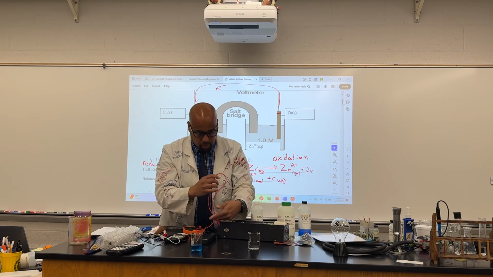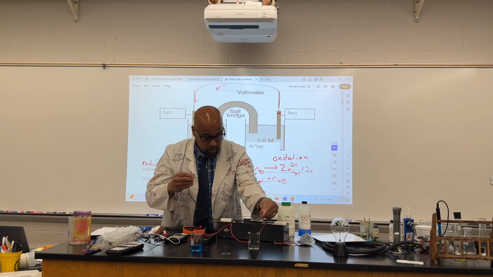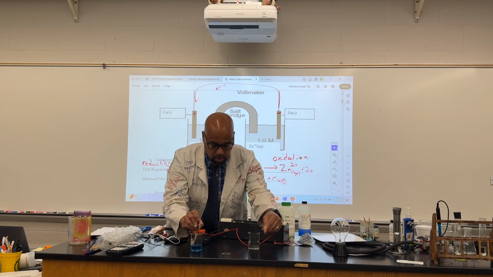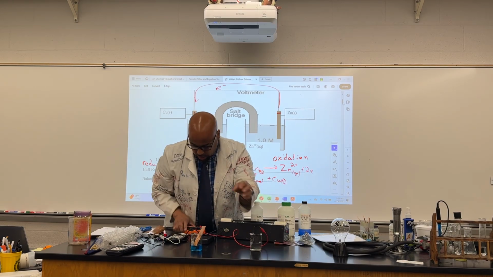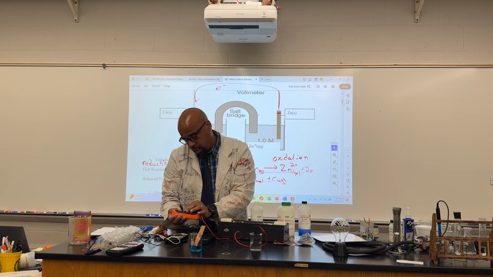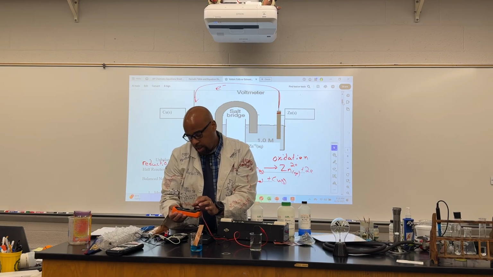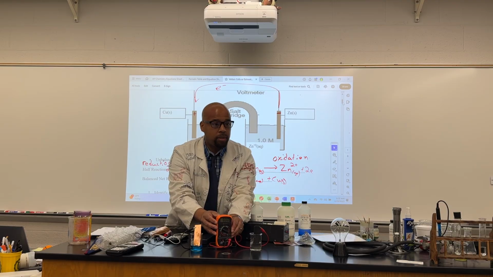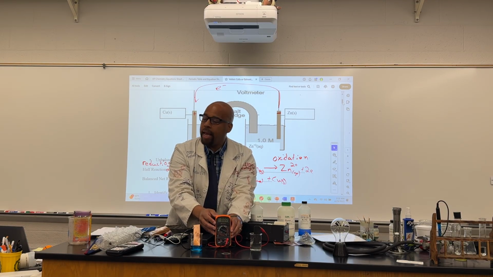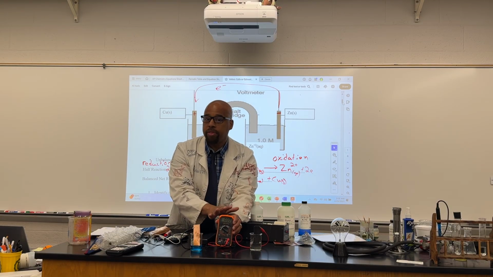We'll put this one here and this one right here. When I turn the voltmeter on, you're going to notice that right now it says, what does that say, Taffy? 0. It says 0 volts. So right now, once again, I do not have any sort of current or voltage going on with this thing.